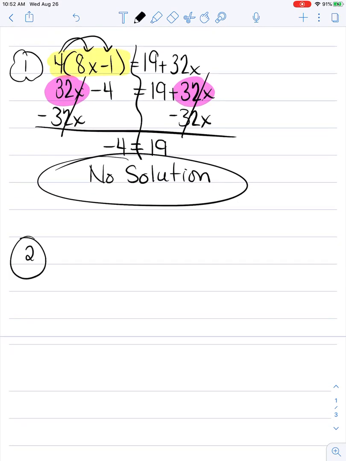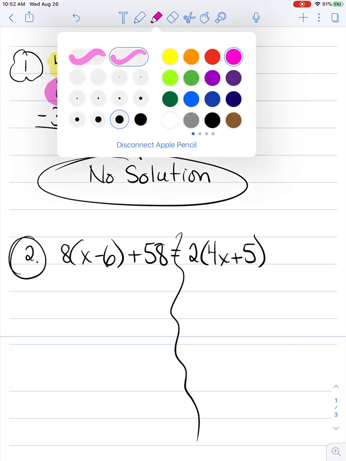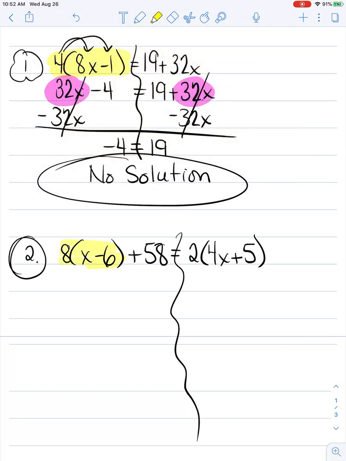Let's look at example 2. Next let's take a look at 8 times x minus 6 plus 58 equals 2 times 4x plus 5. Always split at the equal sign. The first thing I notice is I don't have fractions or decimals, but I do see the distributive property here and here.